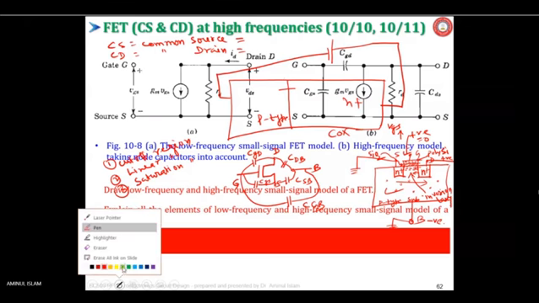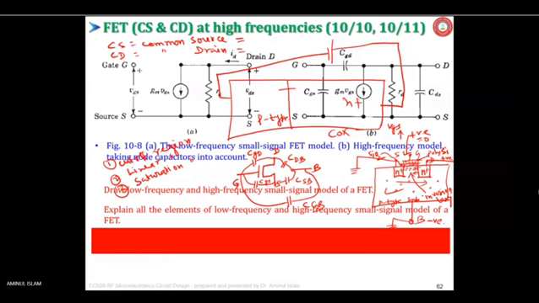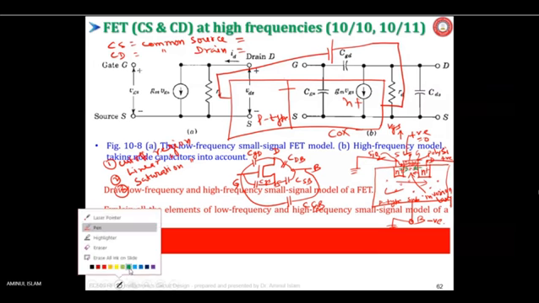I'll take a red color. So you're telling that it may go from this N plus region to here. Or you may say it may go from this. This is your point or not? Yes, sir. Is it possible? Is it possible for the electrons to move like this?